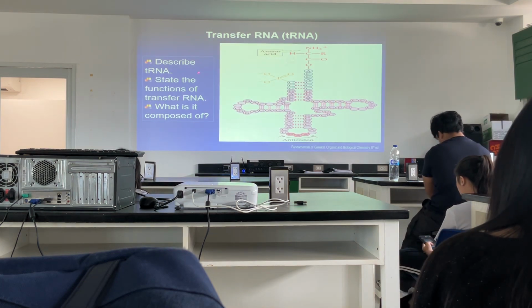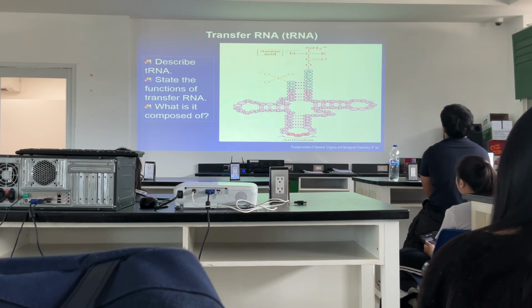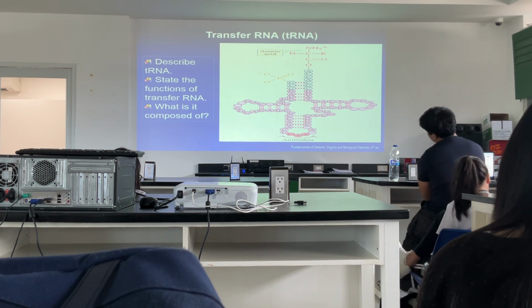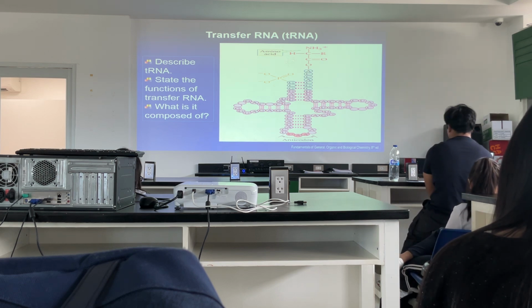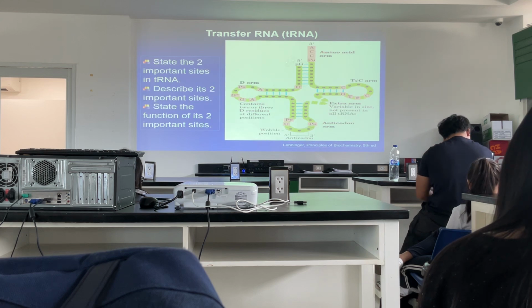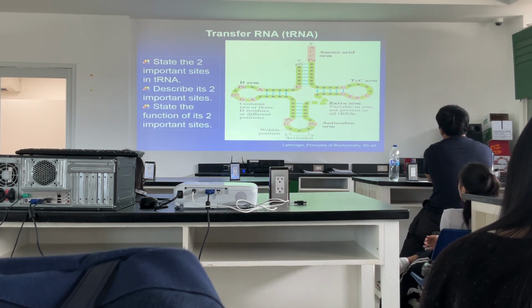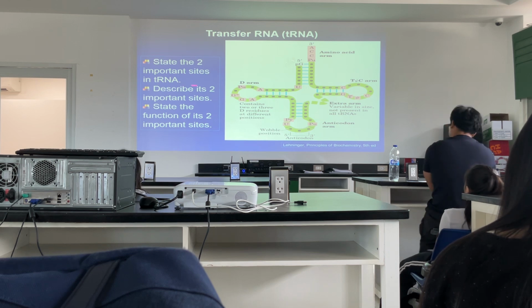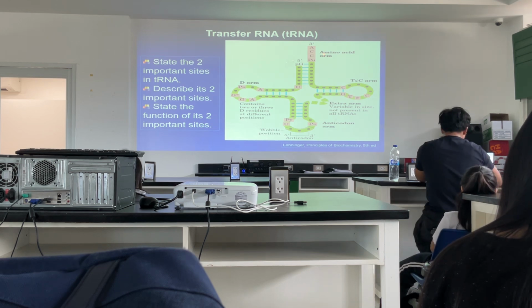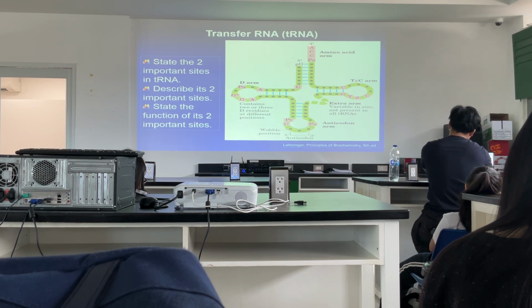Next, function of tRNA. So we have said it already. It brings amino acids to the ribosome, the site of protein synthesis. Now there are two important sites in the tRNA molecule. What are these sites? The amino acid arm in the 3' end.